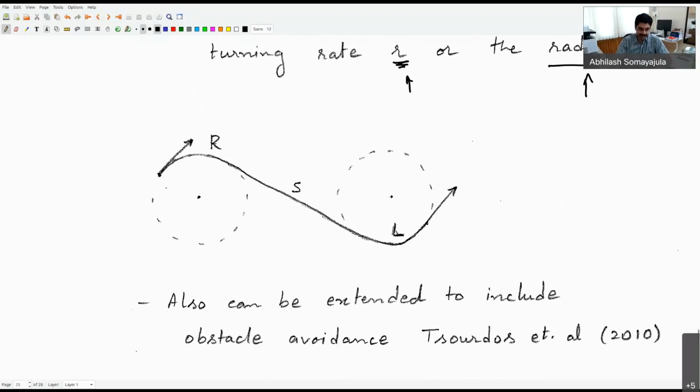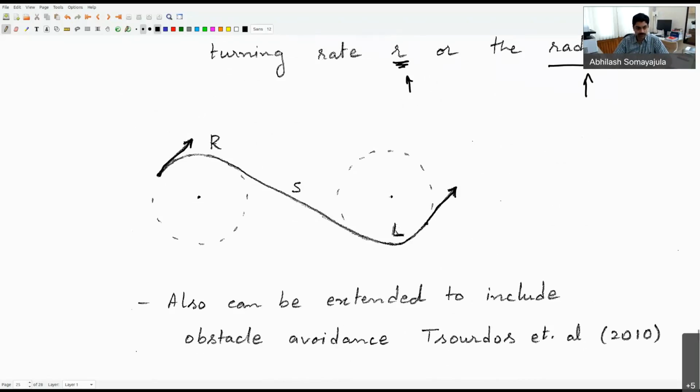So let's say that I am at this location and my craft is oriented in this direction. Okay, I want to go to this position with an orientation which looks like this. Is everybody with me? Yes? No?